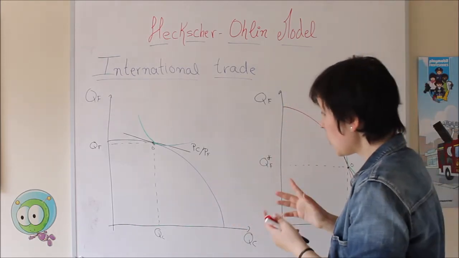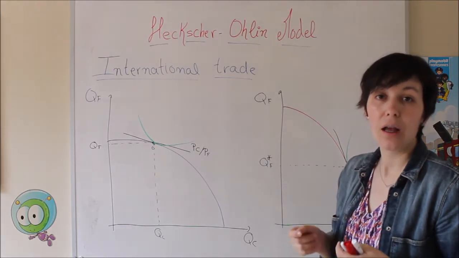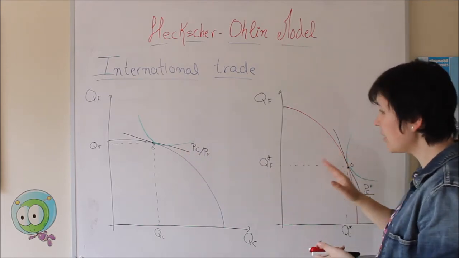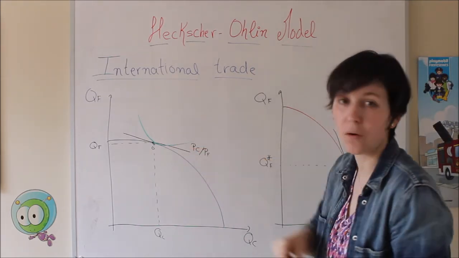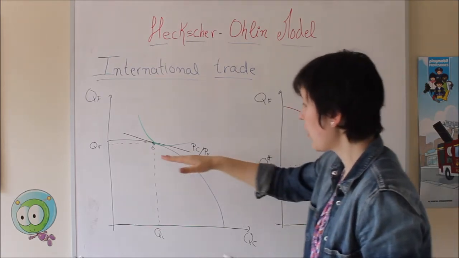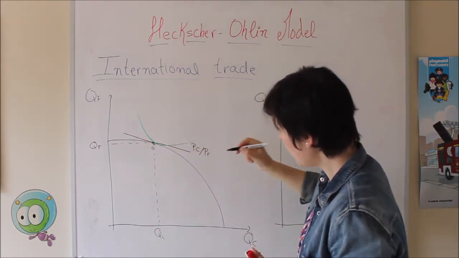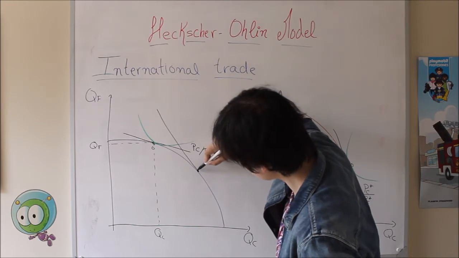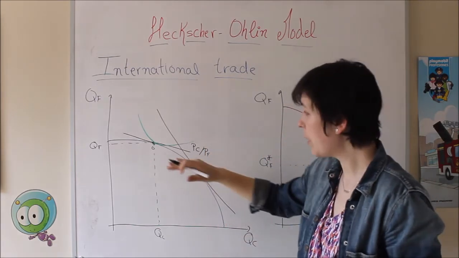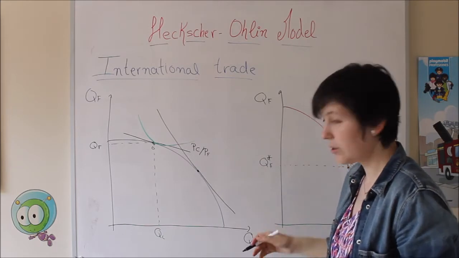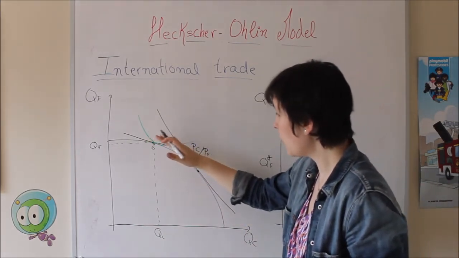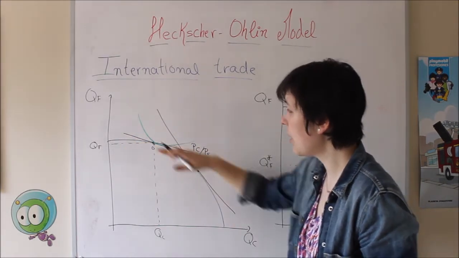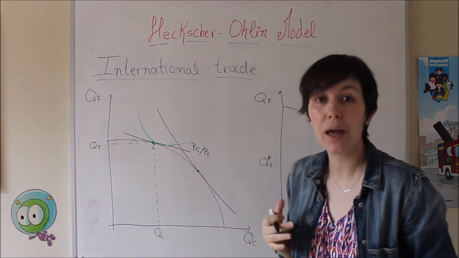Because we know that the new international relative price of clothes is going to be higher than this and smaller than this, we should expect a new line for the ratio of prices. So it has to be steeper than this. Let's take a point like this, for instance. Here it is steeper, you see? In fact, because the opportunity cost of clothes is increasing, when we move from any point from here to any point from here, the slope of the PPF is going to be higher.